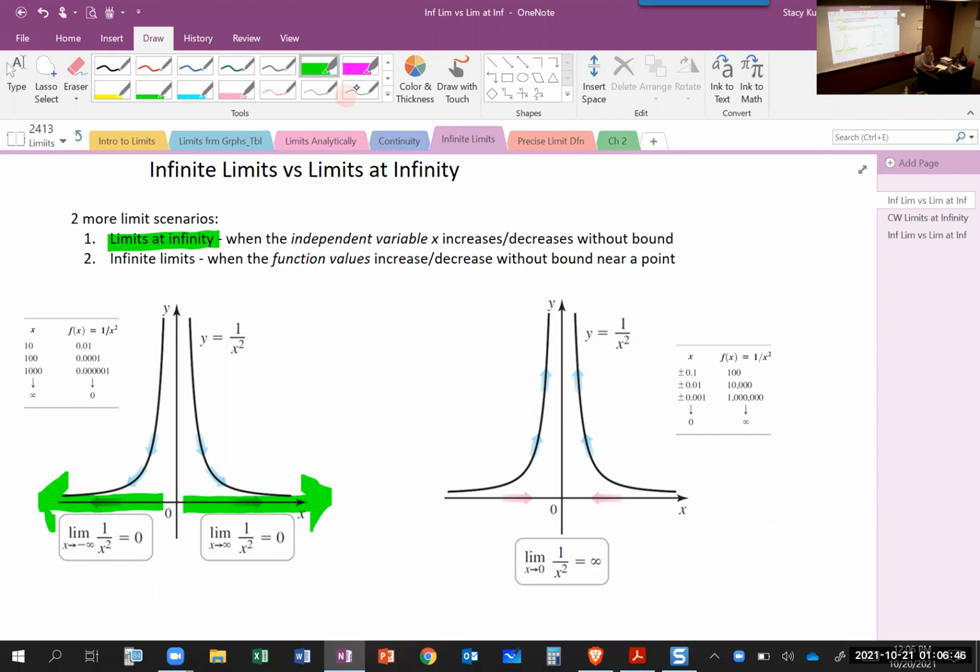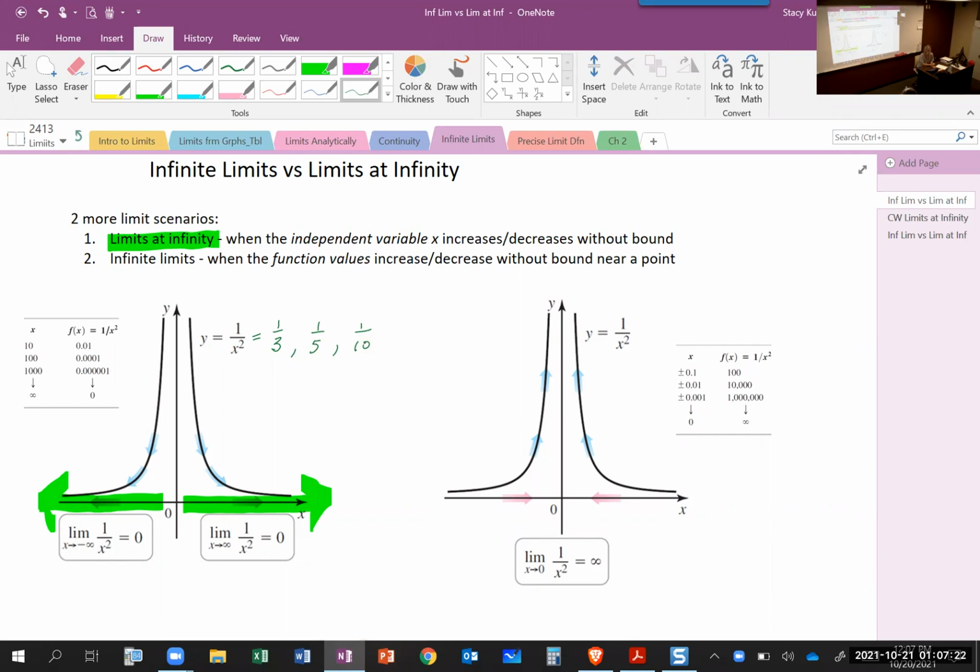So if we think about this for just a second, what is the function getting close to as my denominator gets larger and larger and larger? If I had, say, 1/3, and then maybe 1/5, and then maybe 1/10, right? 1/3 is about 0.33. 1/5 is what, 0.2? 1/10 is 0.1.